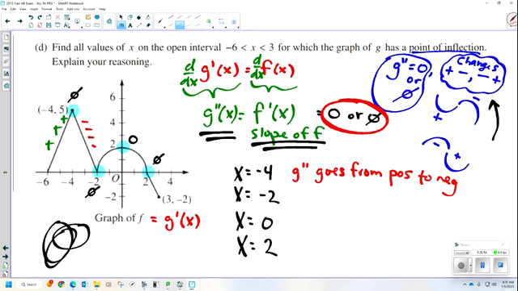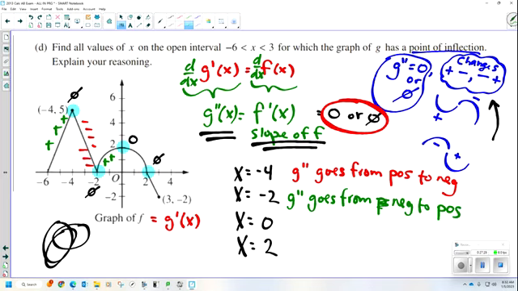So let's look at the second from the left blue dot, -2. I'm going negative. It's a decreasing slope, but then it pops back up and goes to positive. Because G double prime goes from negative to positive.